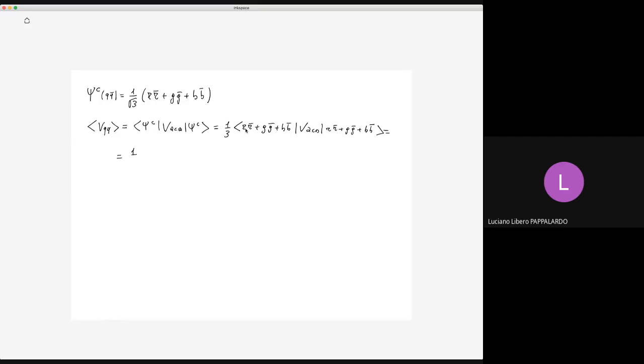So this is 1/3, and then we have all the possible combinations. So it's red anti-red, V_QCD, red anti-red, plus second term, red anti-red, V_QCD, green anti-green, etc. And then the last one will be blue anti-blue, V_QCD, blue anti-blue.